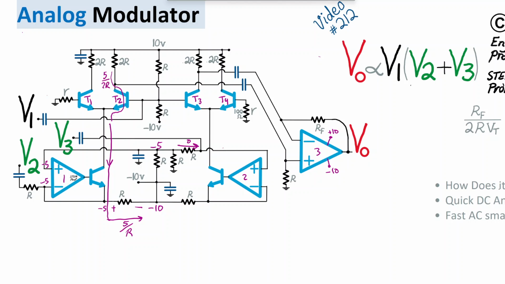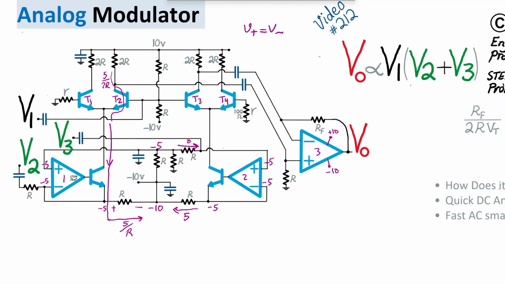And the same situation will be here as well, because negative 5 appears at the negative terminal, again because of virtual short, which enforces positive and negative terminal of the op amp to be the same when op amp is operating properly. So that negative 5 appears here, and the same story keeps happening.